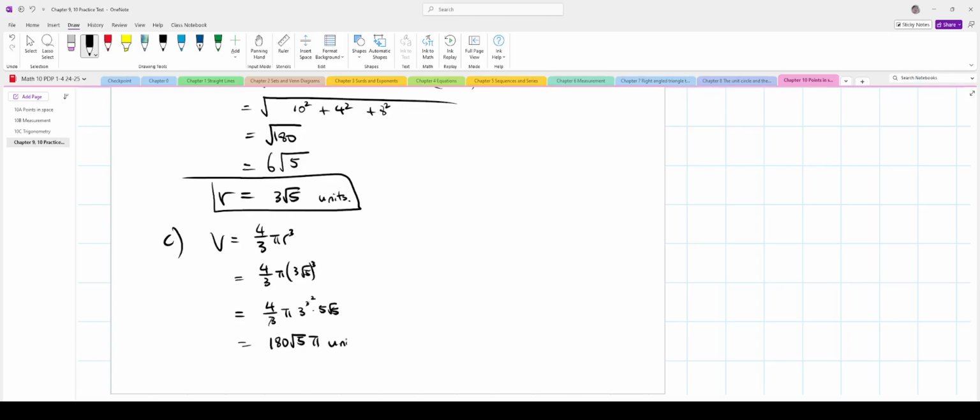That would be the volume. And what about the surface area of a sphere?